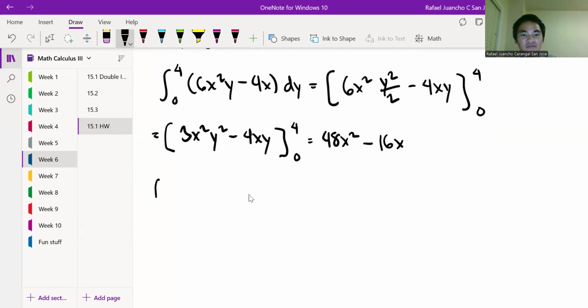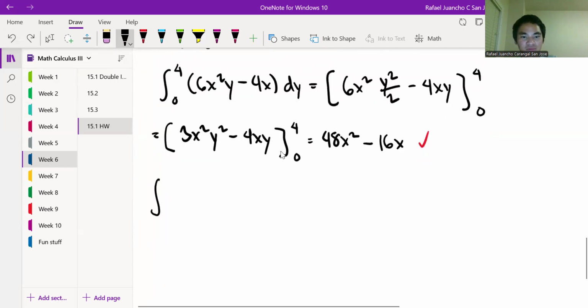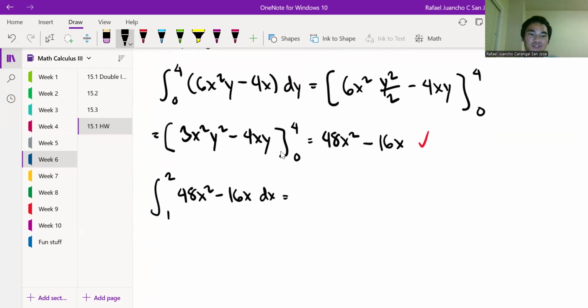And then from there, now I evaluate. Let me put a little check mark. Now I evaluate from 1 to 2, this time with respect to x of this thing, right? So that's how we evaluate double integrals. This is just a normal integral. So I'm going to factor out a 16. So I get 1/2.